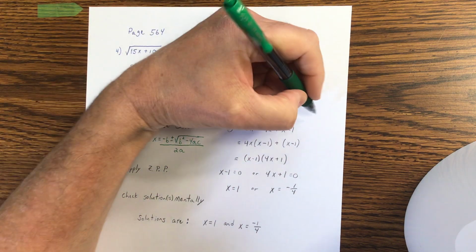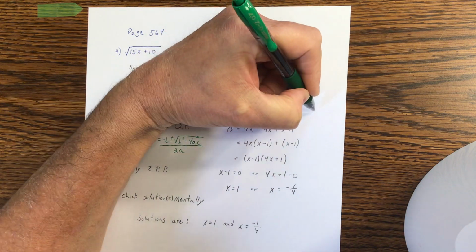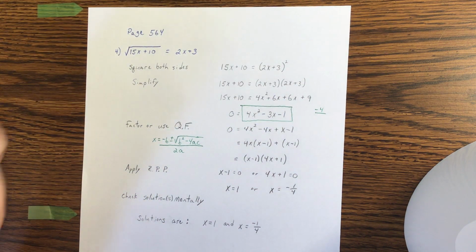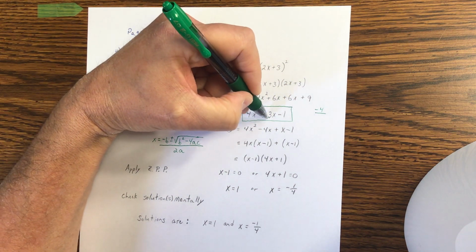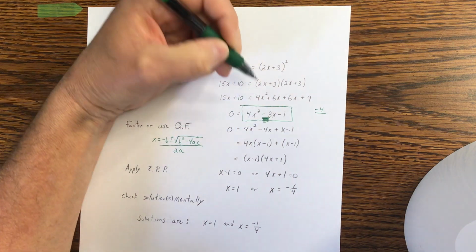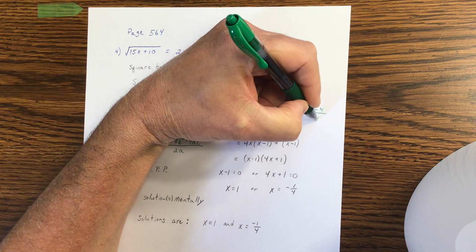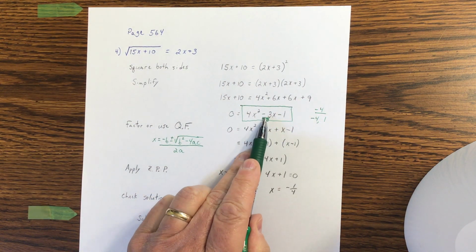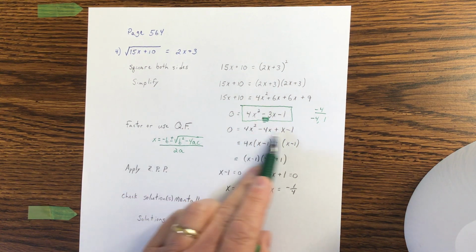Again, I take the 4 and multiply it by negative 1 and ask myself, what are the factors of -4 whose sum is -3? We know that -4 and +1, their product is -4 and their sum is -3. So I can go ahead and put this in 4 terms and apply the grouping method.